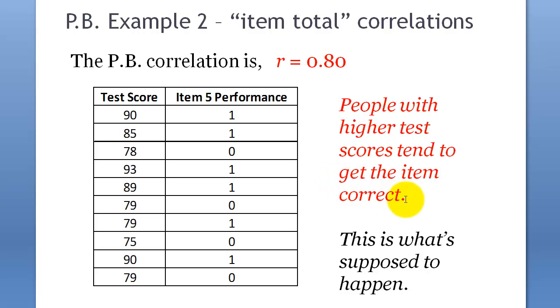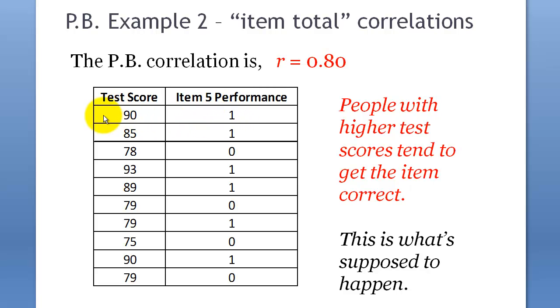So it seems like people with higher test scores tend to get it right. And this is what's supposed to happen. Listen, this correlation is really close to 1. That means there is a significant correlation between the total test score and getting this question right or wrong.